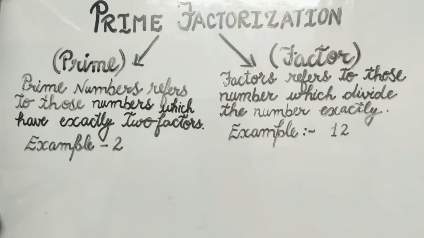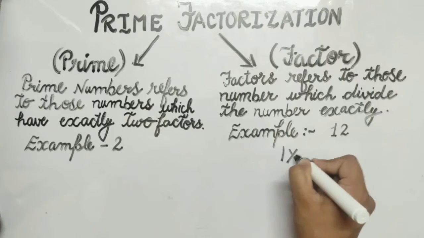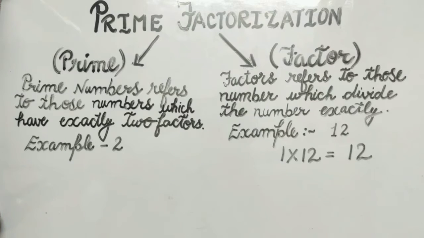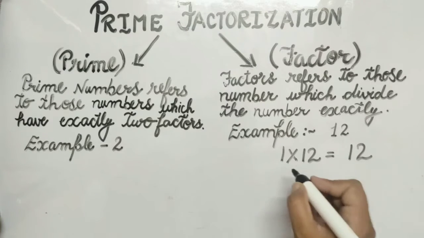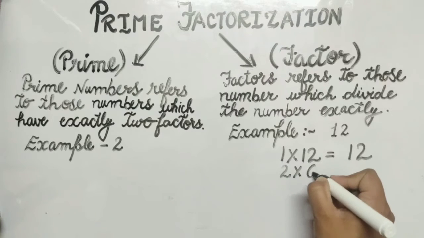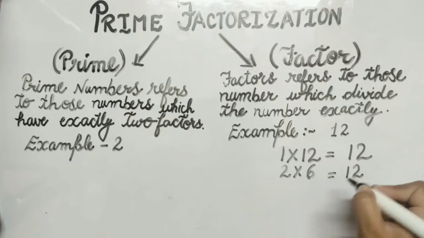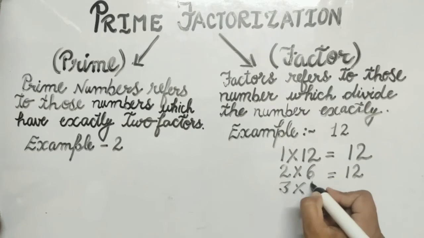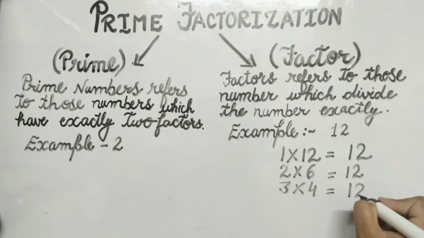If I want to find the factors of 12, we will start from the table of 1. 1, 12s are 12. Now we will move to the table of 2. 2, 6s are 12. Then after 2 comes 3. 3, 4s are 12.